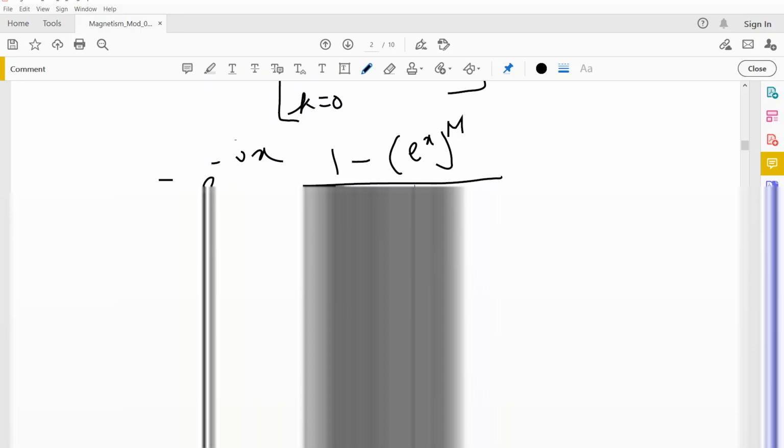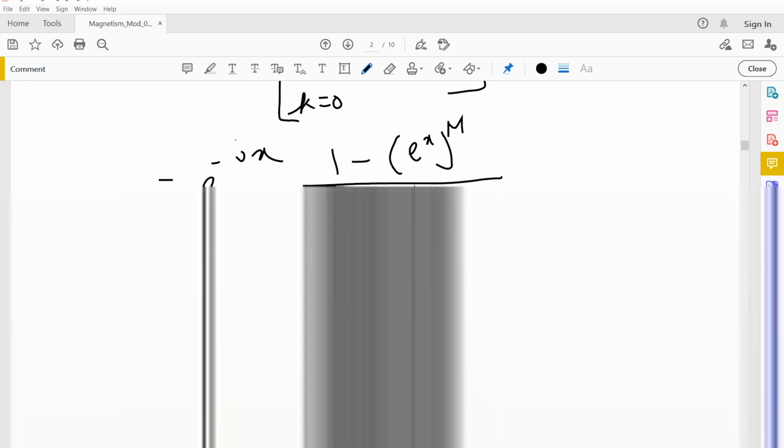So n kBT, and then this quantity 1 by Z dZ by dB. So let me write it down on the following page. Our expression for the magnetization is n kBT times 1 by Z dZ by dB.